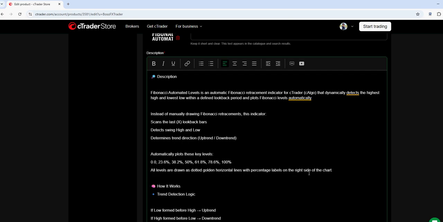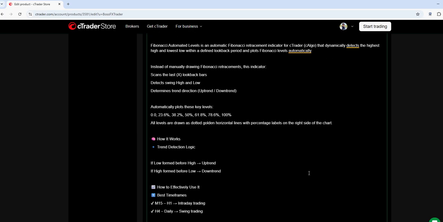Instead of manually drawing Fibonacci retracement, this indicator scans the last lookback bars, detects the swing low and high, and then determines the trend direction, uptrend or downtrend.